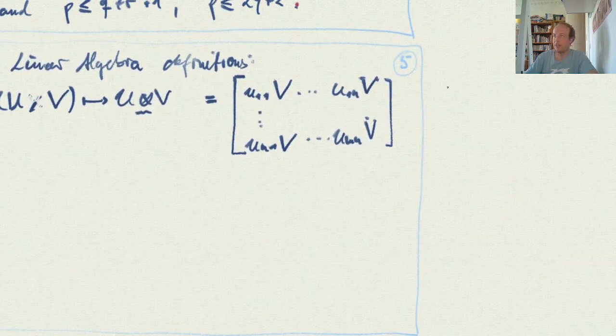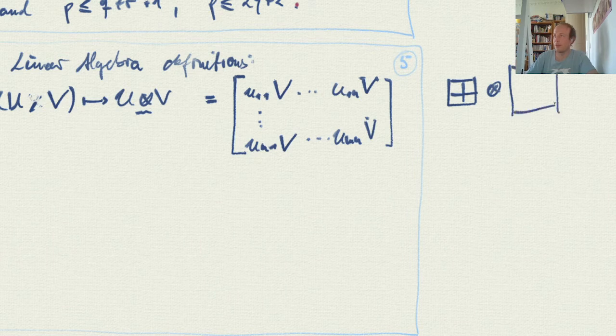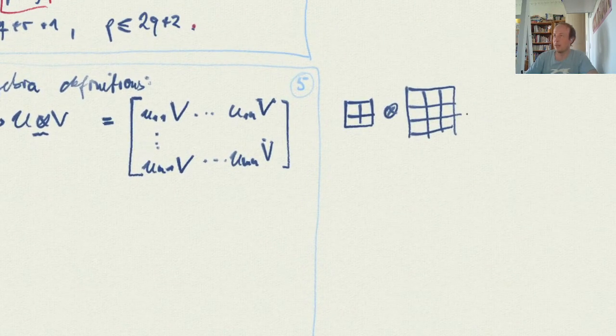Maybe to get an idea: if this was a 4x4 matrix times a 2x2 times a 3x3 matrix, this little entry here times the full matrix here.